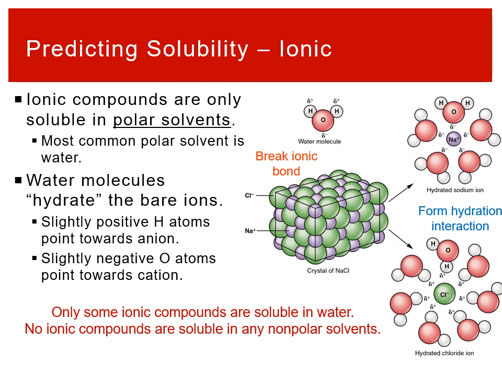So when we apply it to ionic compounds, what we can say is, first off, ionic compounds are only soluble in polar solvents. If you remember, the whole point of polarity is that, for example, in a water molecule, you have a positive side and a negative side to the molecule.